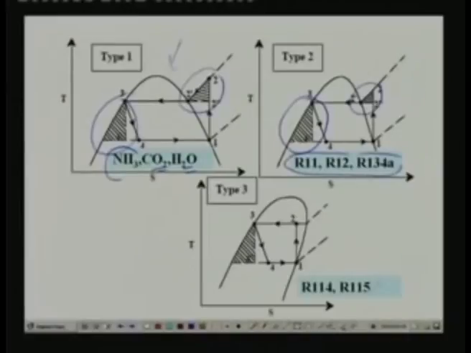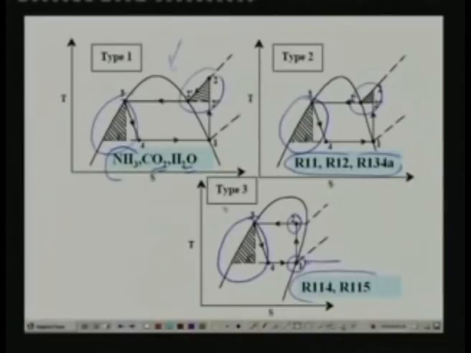Type 3 refrigerants, high molecular weight refrigerants such as R114 and R115, have a peculiar vapor dome, and here there is no superheat horn at all, because the slope of the saturated vapor curve is such that when you start compression with a saturated vapor, the exit of the compression lies in the two-phase region. So the superheat loss is non-existent for this type of refrigerant, whereas the loss due to throttling is quite considerable.